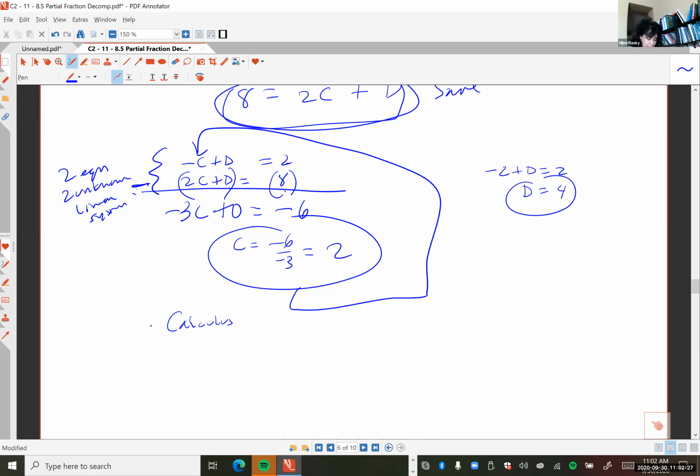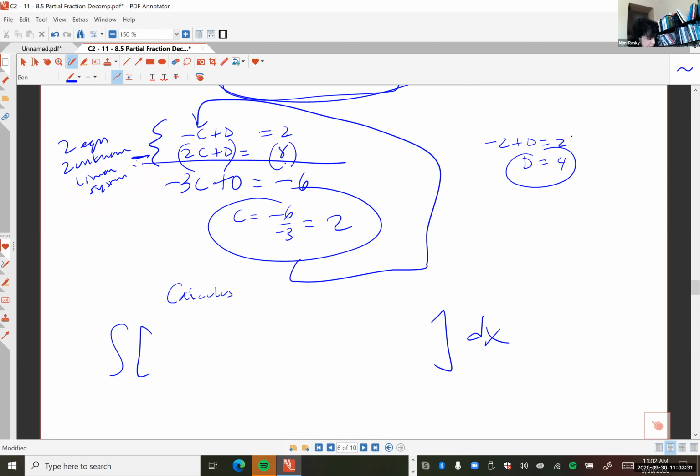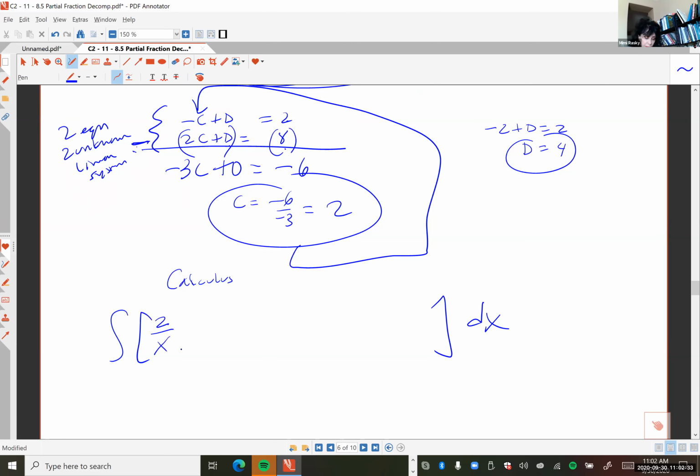What do I mean? You're going to integrate your partial fractions. So you have A over x, but A was 2. We got that a long time ago. And then you had B, which was negative 2 over x minus 1. And then you had Cx plus D all over the irreducible quadratic that was a sum of squares, okay?